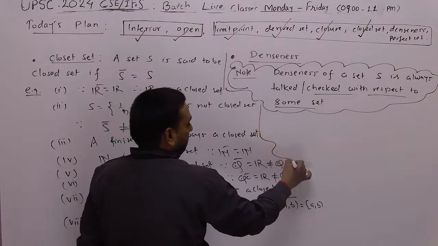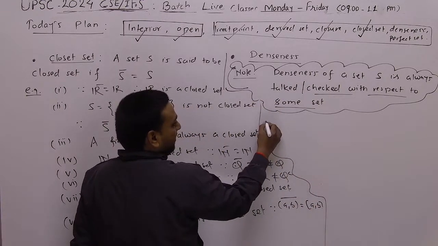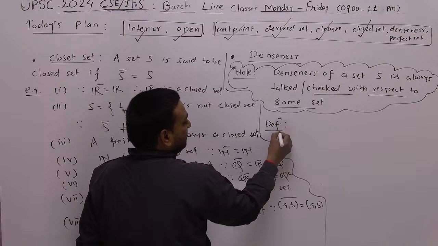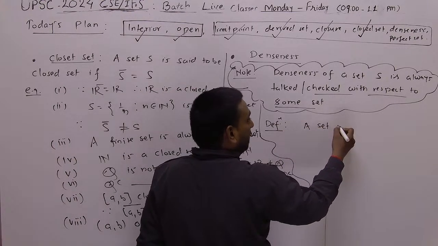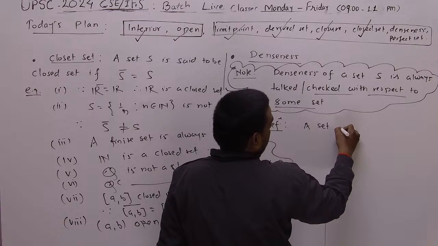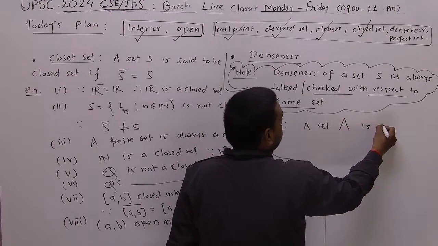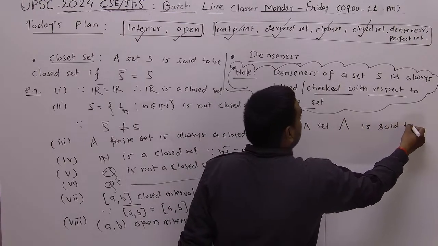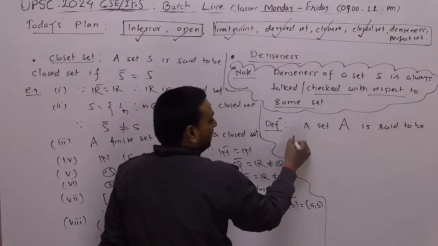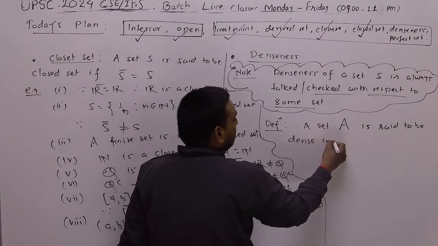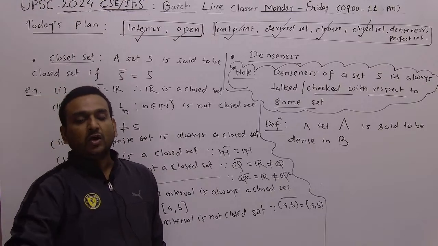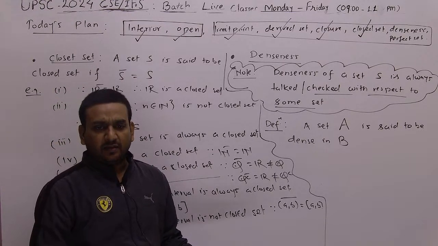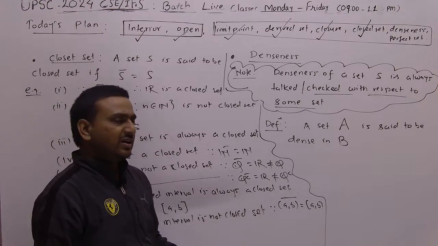For example, now I write it as a definition. A set, let's say capital A, is said to be dense in B, where B may be equal to A or other than A. Any of the cases may happen here.